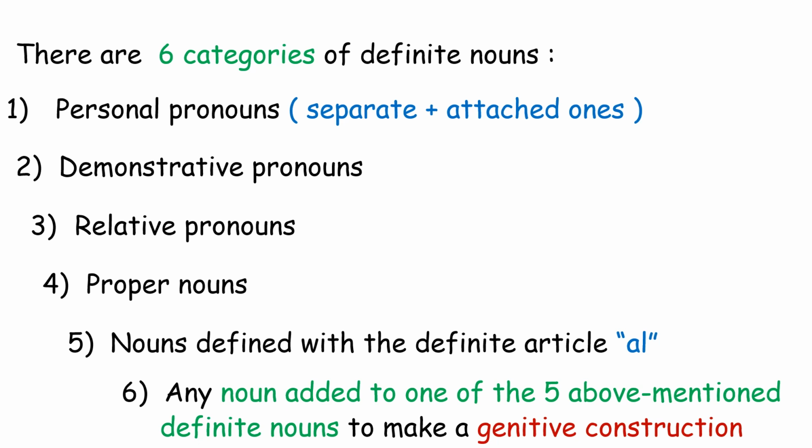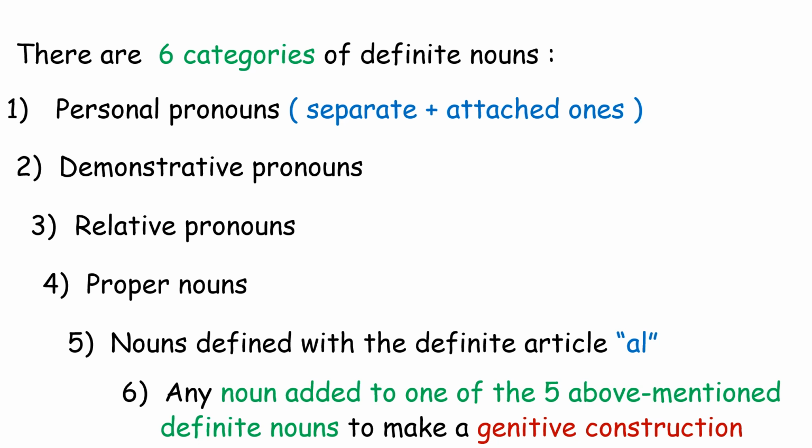So again, there are 6 categories of definite nouns in the Arabic language, and these are personal pronouns. And when I say personal pronouns, I have to grab your attention to the fact that both separate and attached one are included. We do call these in Arabic الضمائر المتصلة والمنفصلة, and we are only a couple of steps away from their detailed study.